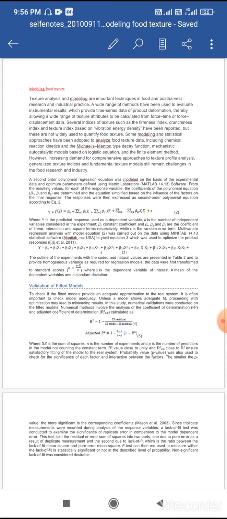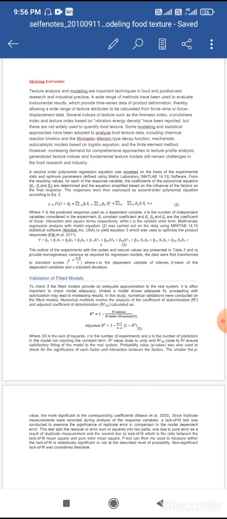A second order polynomial regression equation was modeled on the basis of the experimental data, with the optimum parameters defined using the Matrix Laboratory, MATLAB software.